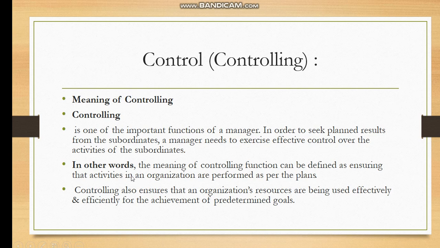In other words, the controlling function can be defined as ensuring that activities in the organization are performed as per the plans. So the function of a manager in controlling is therefore to compare the performance of today with what you have planned before.